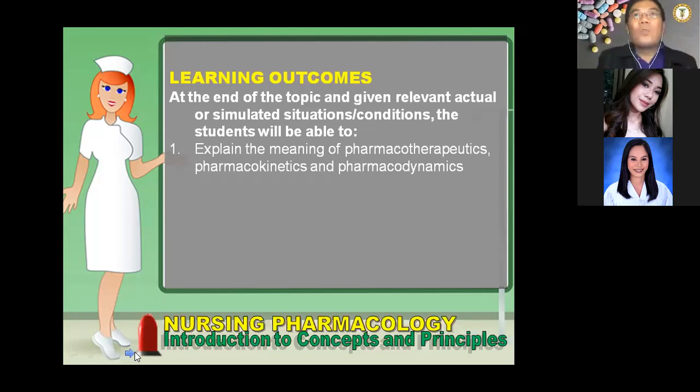Try to imagine also, we are aware of some herbal medicines or herbal plants, right? And some of us, even our grandparents, support the use of those herbal plants as herbal medicines. But DOH only accepted very few.